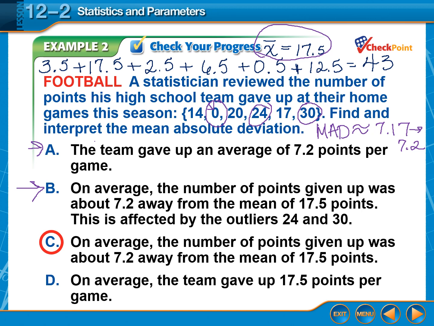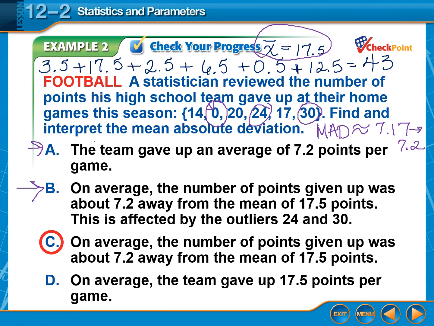So this one time that they didn't give up any points, that's unusual. Even though 30 is kind of large, it's not too far from 24, and 24 isn't too far from 20, and 20 isn't too far from 17, and 17 isn't too far from 14. But 0 is way far from 14, the next biggest number of points that they gave up.